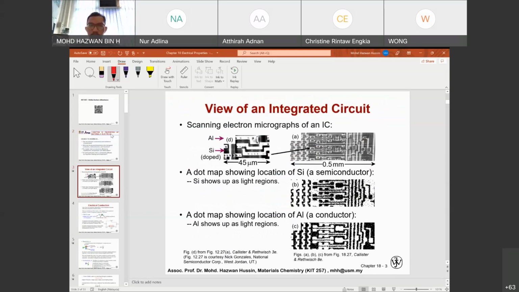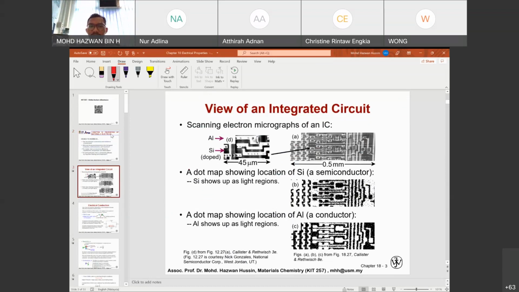So for electrical properties, part of the examples of materials that we can see around us is from your identity card, or maybe from circuit boards, from your phones, from your laptops, and others.